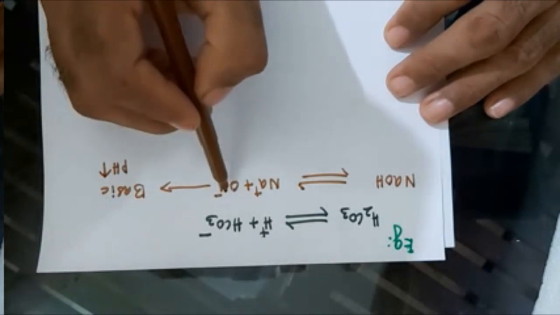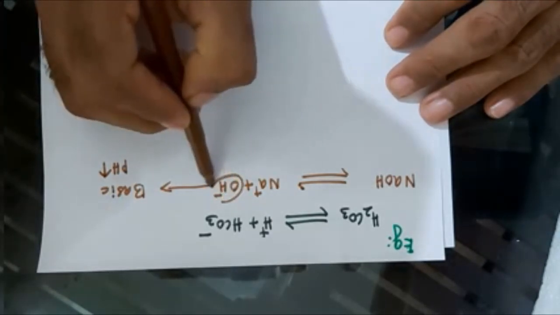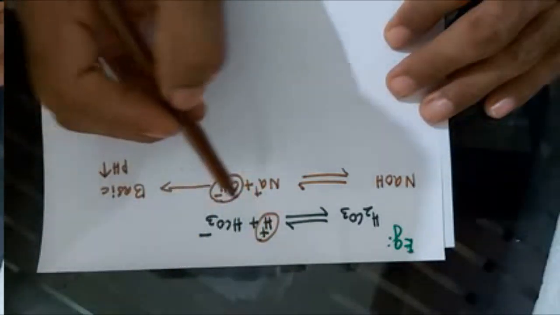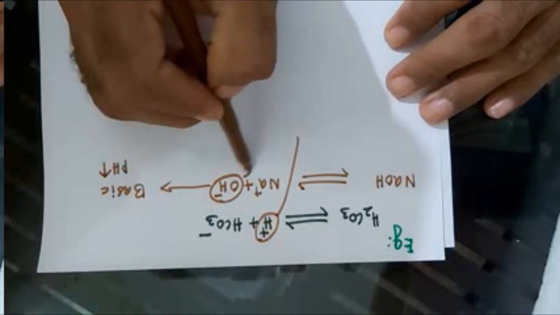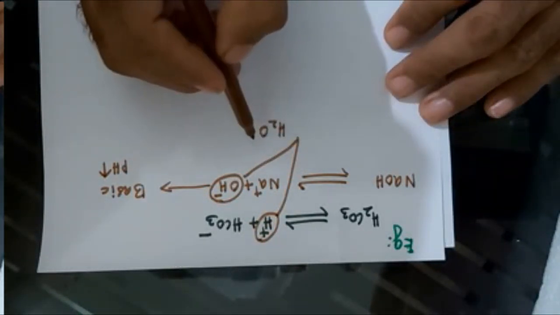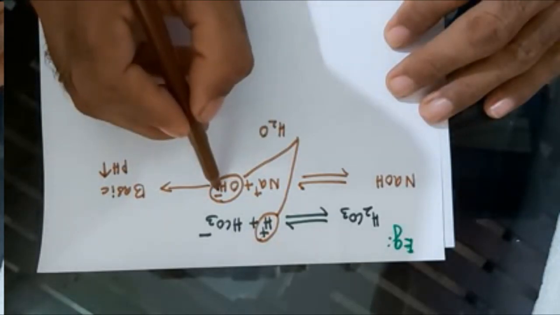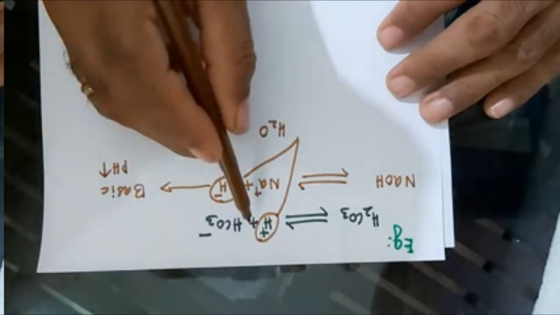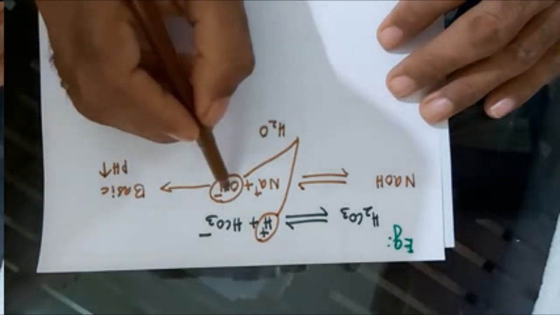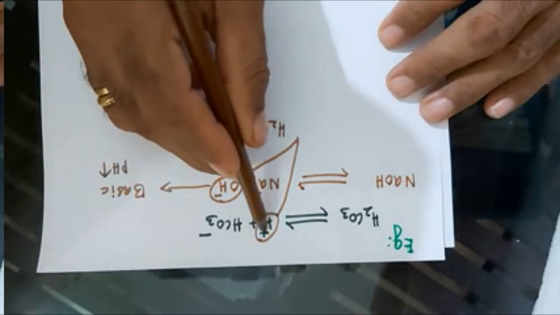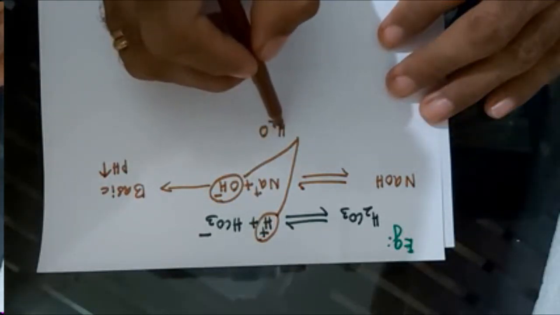And how? This OH- ion and this H+ ion combine together to form what? H2O. So the action of the extra OH- ion is neutralized by combining with H+ ion into water.